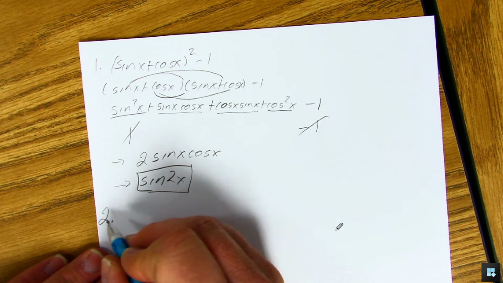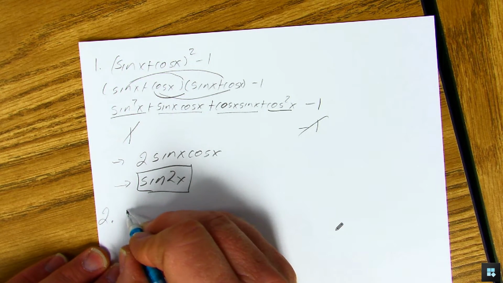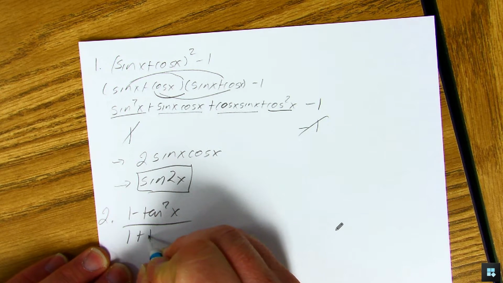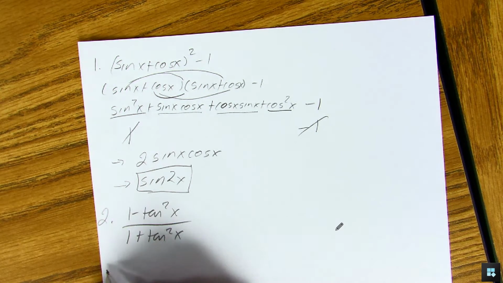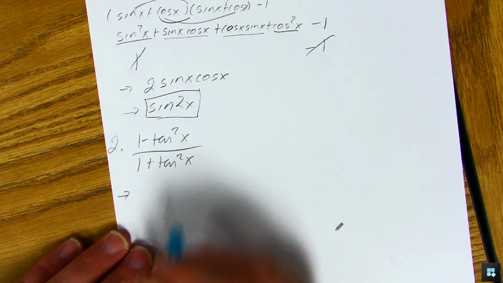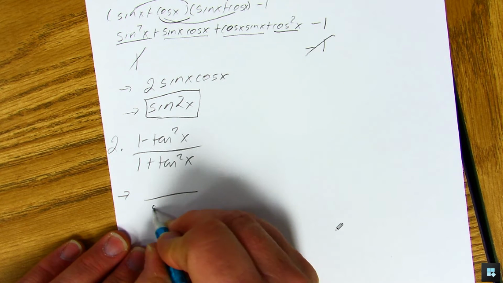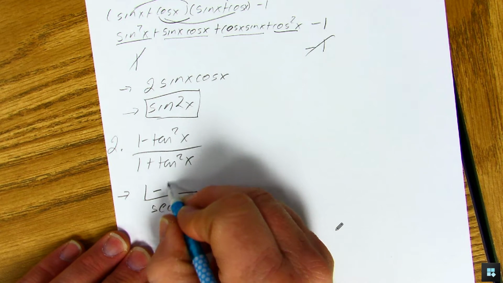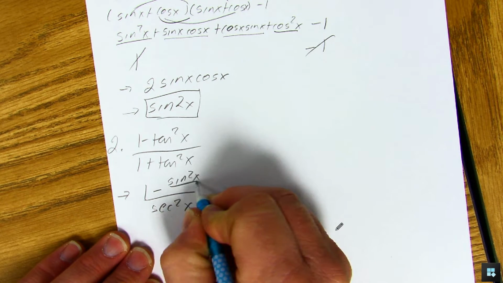Alright, number 2. Number 2 says we have 1 minus tangent squared x over 1 plus tangent squared x. There's actually a couple ways to look at this problem. Personally, I like to look at 1 plus tangent squared x and think of secant squared x. We have 1 minus tangent, which is sine squared over cosine squared.